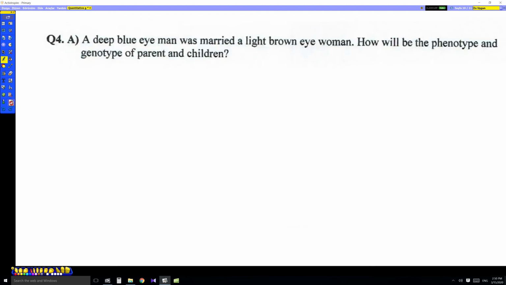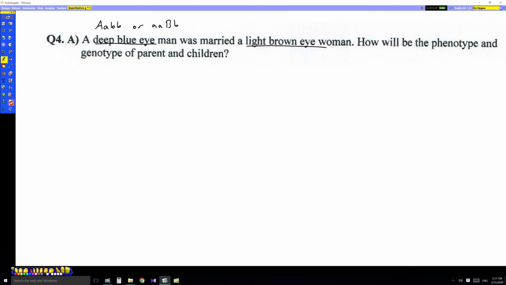Again, a ministry exam question asked before: a deep blue eye man, deep blue, the genotype is accurate in the blue, so we know A capital, A small, B small, B small, or A small, A small, B capital, B small, married a light brown eye woman.